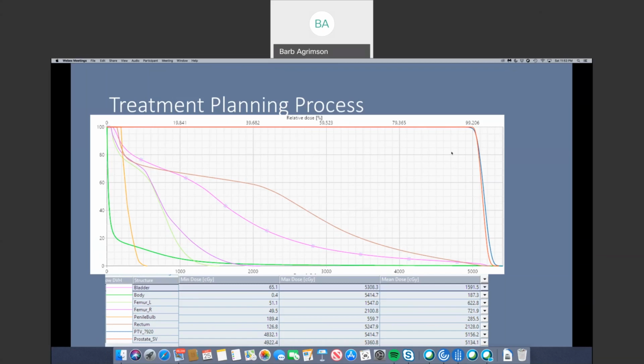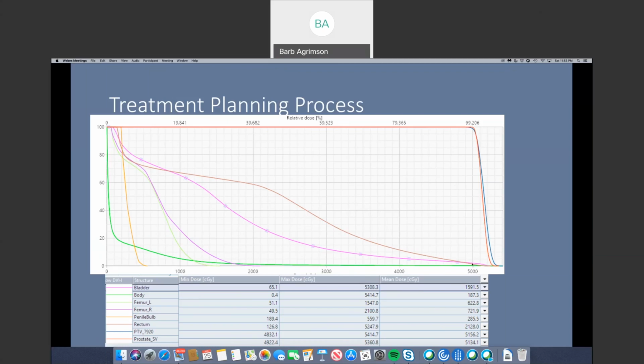The target volume is up here in the red, so 100% of the target is getting 50 gray, and that would be our prescription dose. The rectum and the bladder, both the pink and the brown, are actually going beyond the prescription dose, and that's because they're overlapping into that area.